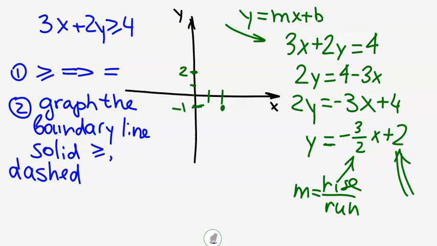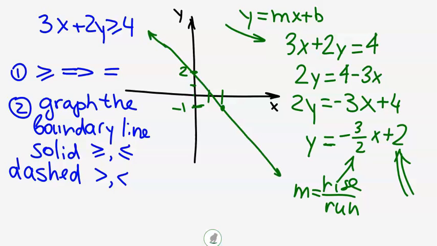So when we have signs like greater than or equal to, or less than or equal to, the line is solid, included. And for dashed, we just have greater or less. So the line itself is not included in our solution set. So in our case, we have equal symbols, so our line will be a solid line. So okay, let's just graph our line. So this is the line.